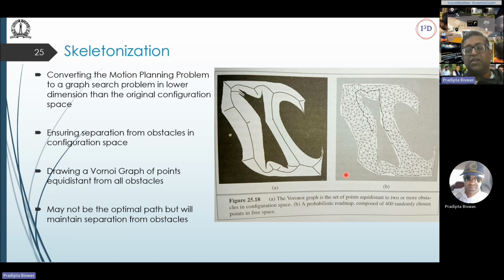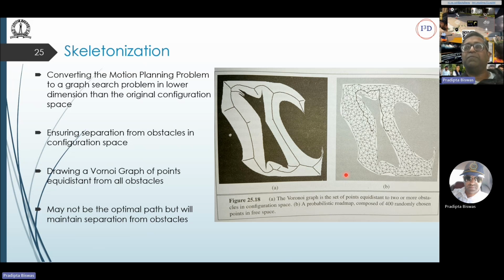This word skeletonization is used because we are converting, say, a higher dimensional 6-DOF configuration space into a one-dimensional set of points which are equidistant from all obstacles. But it can also result in suboptimality. Both approaches can result in a motion path which may require a sharp turn of the robot.